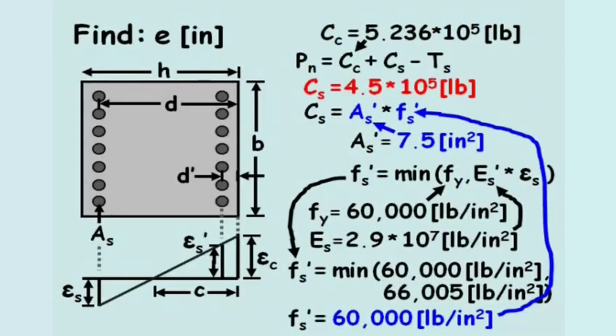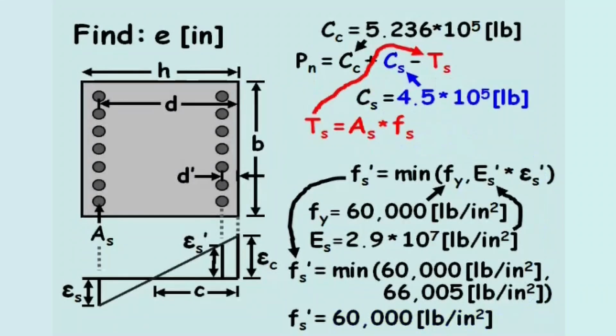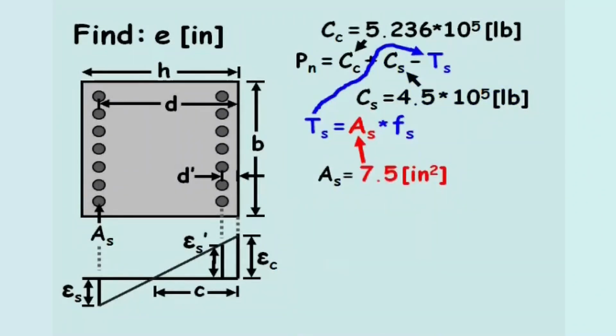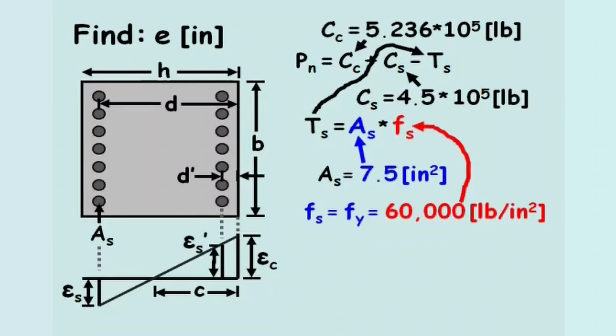Lastly, we have to solve for the tensile force in the tension steel, TS, which equals the area of tension steel, 7.5 inches squared, times the stress in the tension steel, Fs, which equals the yield stress of 60,000 pounds per square inch, because the problem states that the strain in the tension steel equals the yield strain.